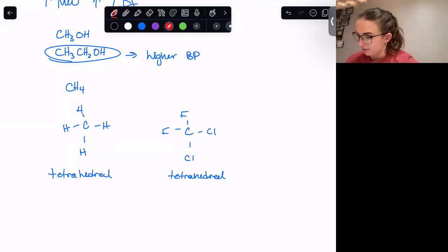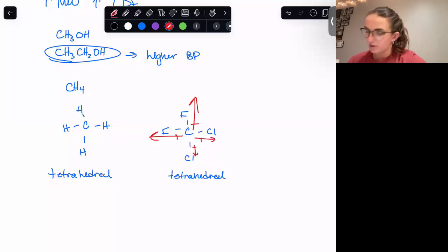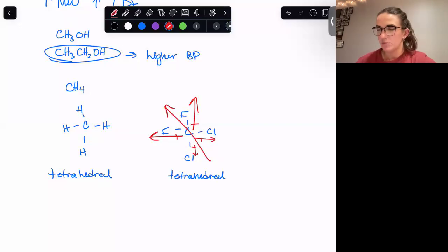Good, carbon to fluorine. So you have stronger dipole moments moving this way than compared to your carbon to chlorine. Because your vectors are not going to cancel out, your fluorine dipoles are going to pull more than your chlorine dipoles, creating a net dipole moment towards the fluorines because it's no longer symmetrical.